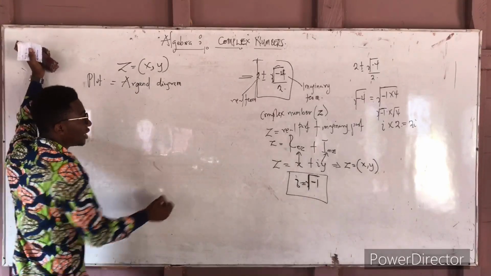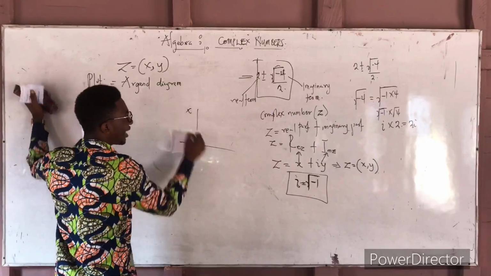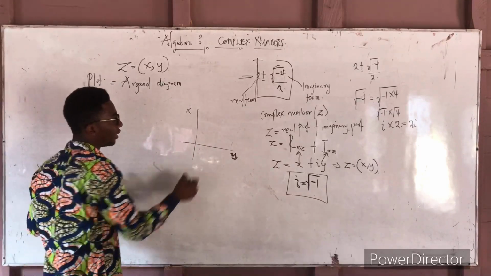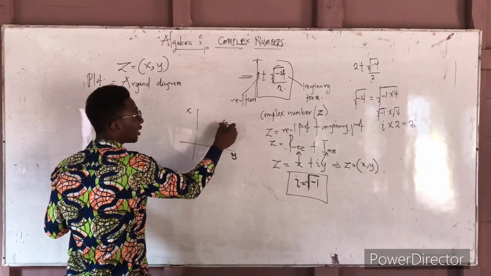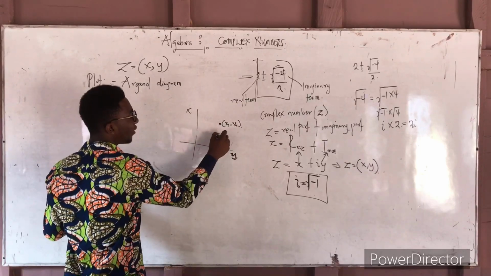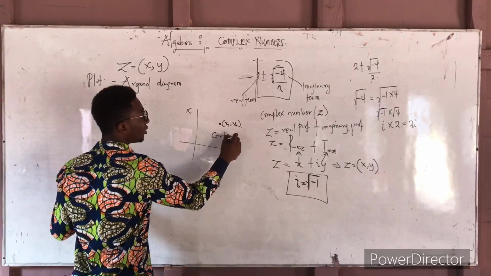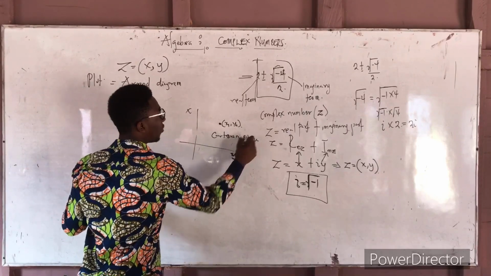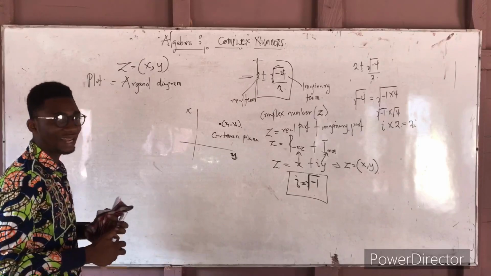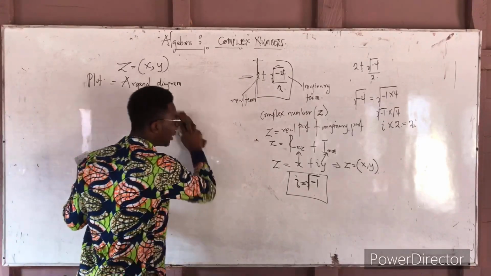For instance, if you have our normal Cartesian XY plane, every point on it will have some values, maybe x1, y1. This is found on the Cartesian plane. But complex numbers are drawn on the Argand plane, not the Cartesian plane.